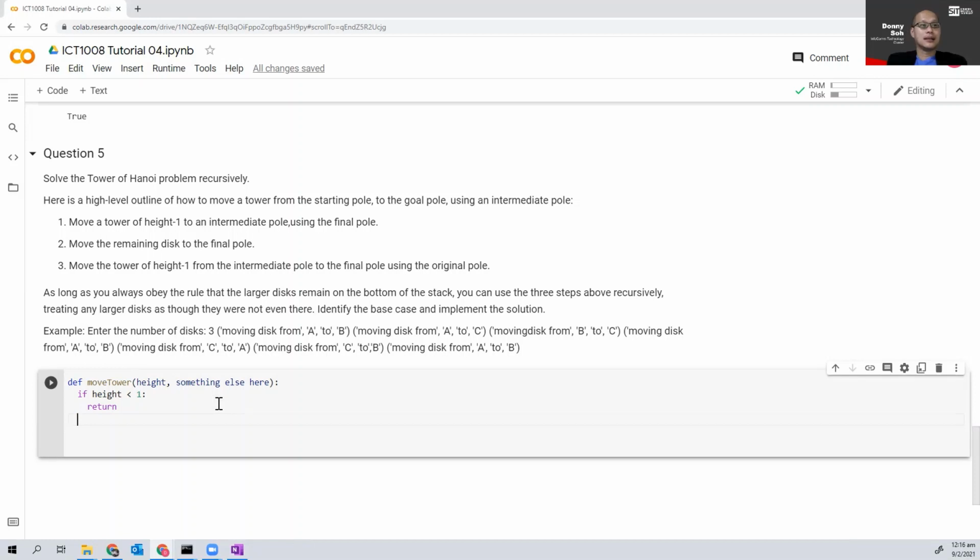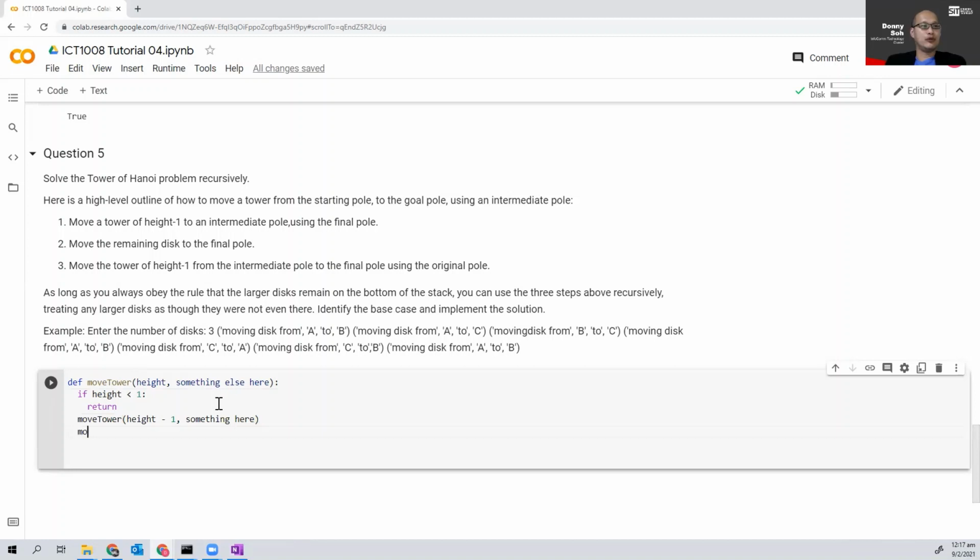Okay. Now the thing is, if my height is 1 or more than 1, what then do I do? If my height is more than 1, I can move tower height minus 1 something here.